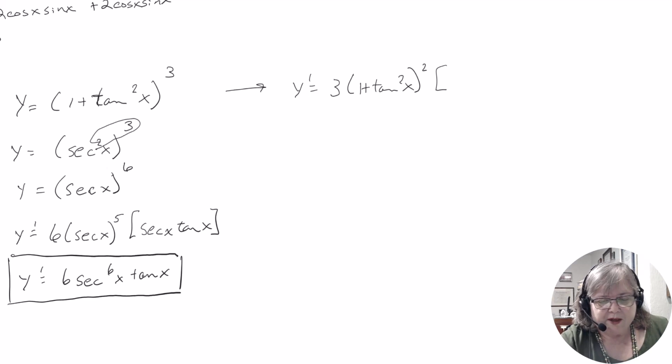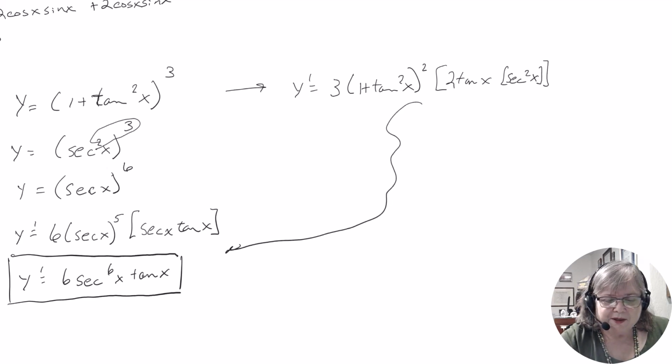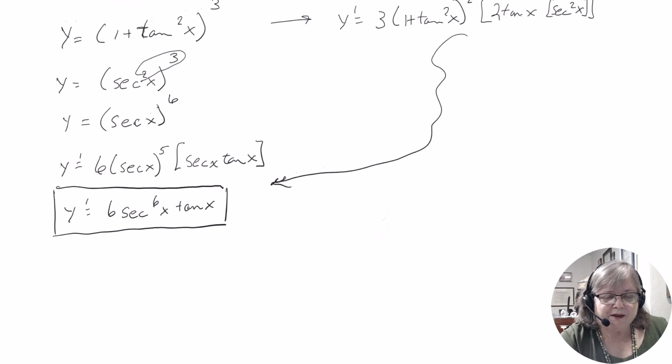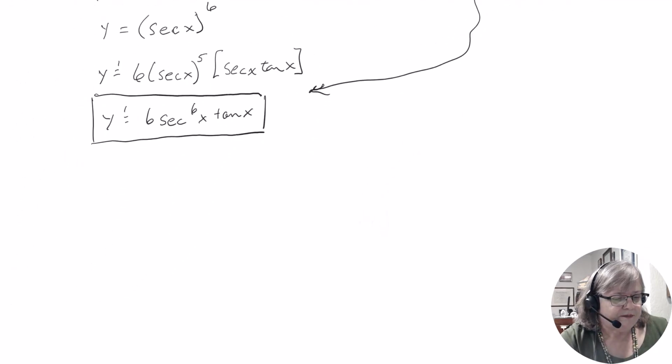The derivative of tangent squared x is 2 tangent x. The derivative of tangent is secant squared x. And eventually you would get down to there. But it took me about 1, 2, 3, 4, 5, 6 steps. Okay, so give it a try either way and see how you did.